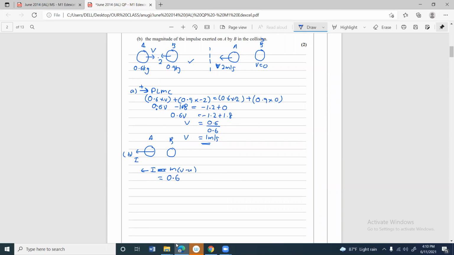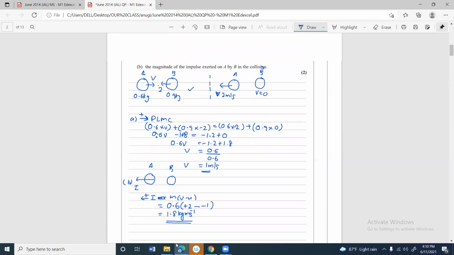We consider this side as positive, so the final velocity on the same side is plus 2, minus the initial velocity, which is in the opposite direction, minus 1. So this is 0.6 times 3, which is 1.8 kilogram meters per second. That is the answer, and that is the way of doing it.